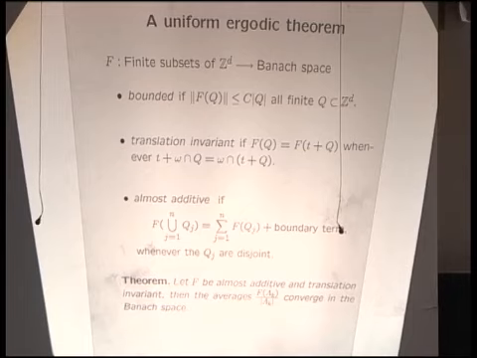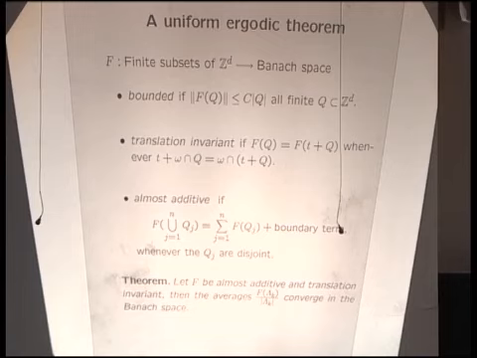They should be bounded, meaning if I plug in a set Q, the norm of the function, which is something in the Banach space, is smaller than C times the volume of Q. It is translation invariant, namely f of Q is the same as f of t plus Q, whenever omega at Q is the same as omega at t plus Q. And it's almost additive, namely f of the disjoint union of Q_j's is the sum of f of Q_j plus some boundary term. And then one can show that the function f, if it has these properties, is almost additive, translation invariant, bounded.